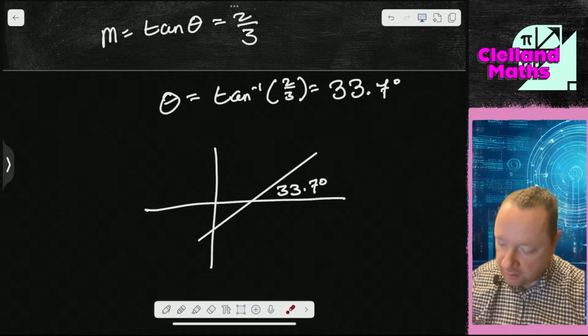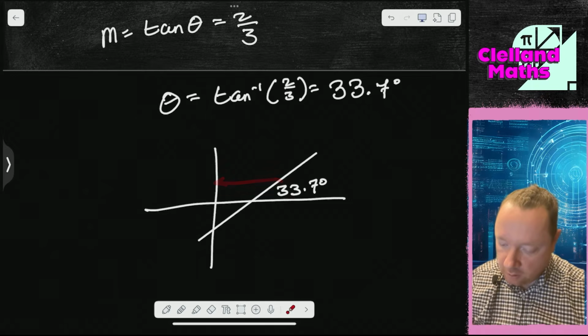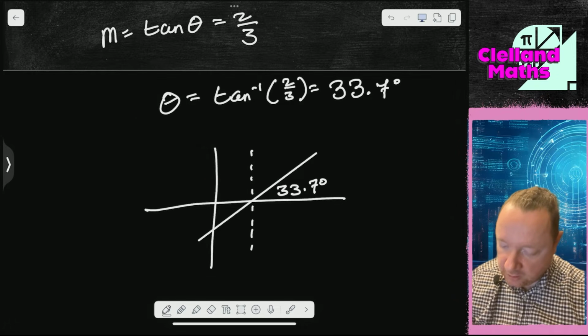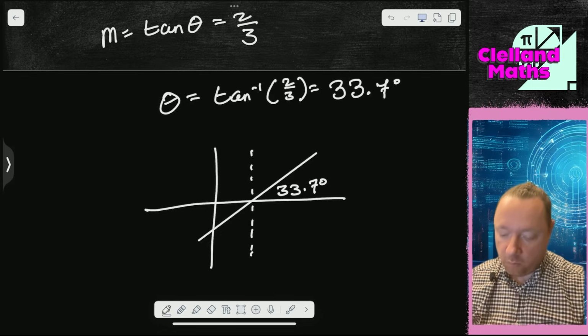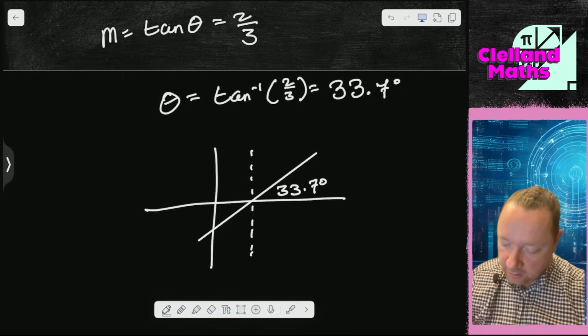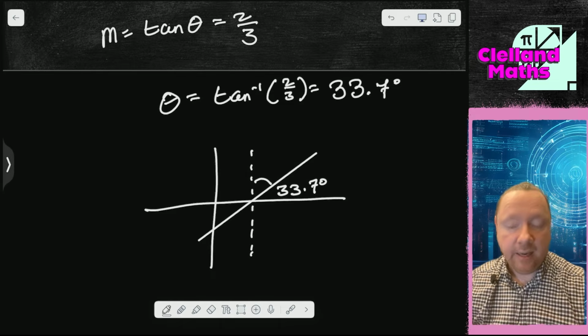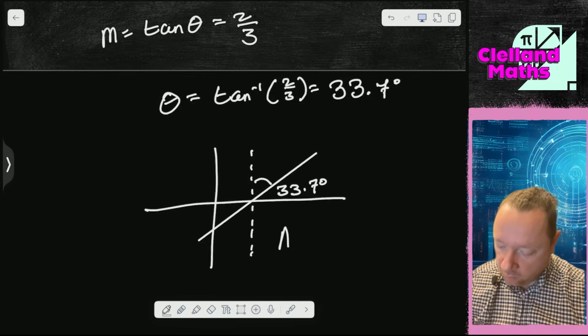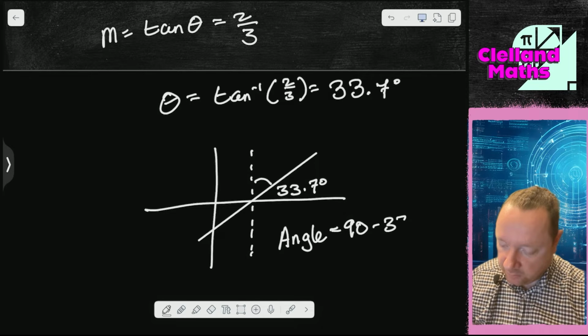Now, if we imagine shifting that line over to here, or shifting the y-axis to there, you would have this situation. So the angle it makes with the y-axis is going to be here, which adds up to 90. So our actual angle for our answer is 90 minus 33.7.